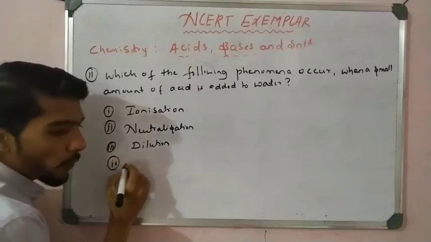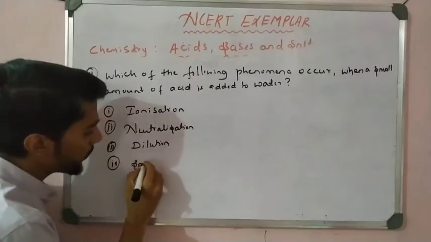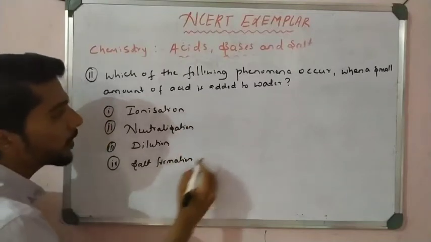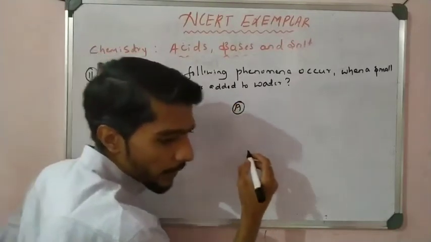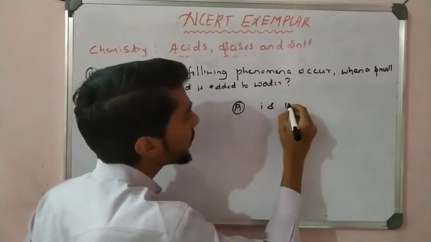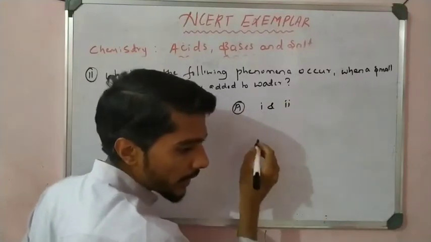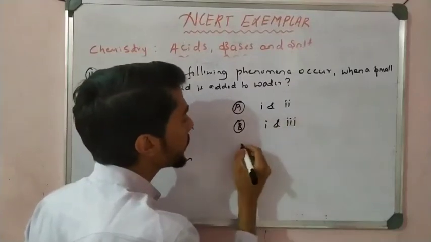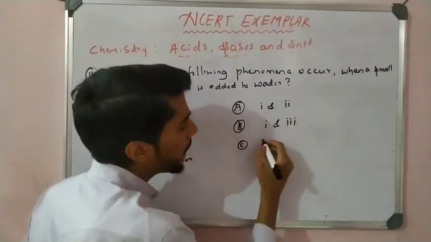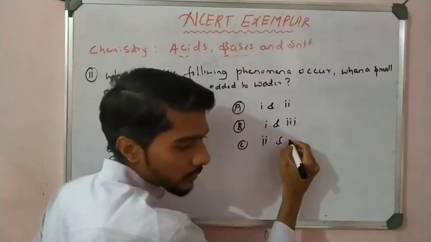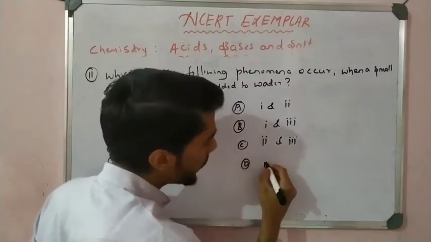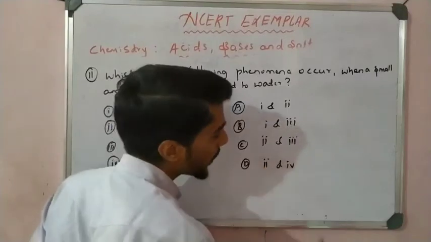And statement 4, salt formation. Option A, statements 1 and 2 correct. Option B, statements 1 and 3 correct. Option C, statements 2 and 3 correct. And option D, statements 2 and 4 correct.